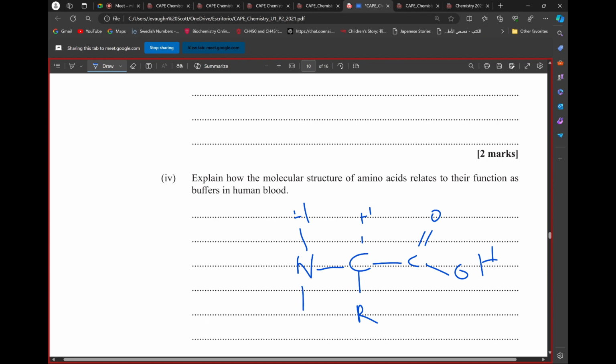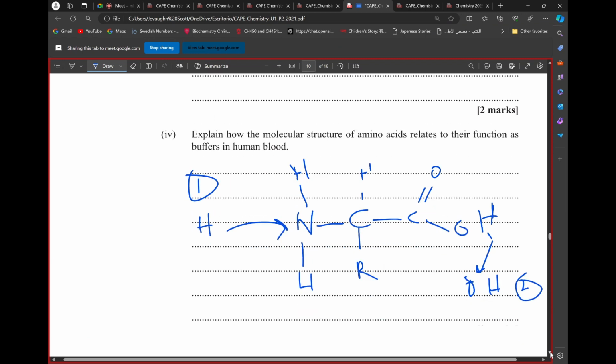All you have to do is explain that in scenario one, if there's a lot of acid being added, this group can accept it. And in scenario two, if there's a lot of OH being added, this can neutralize it. So with that information, you should be able to answer this question.